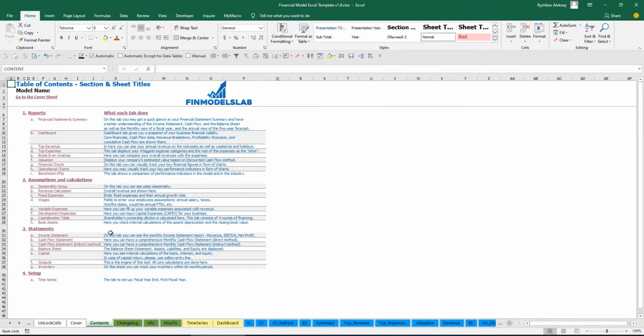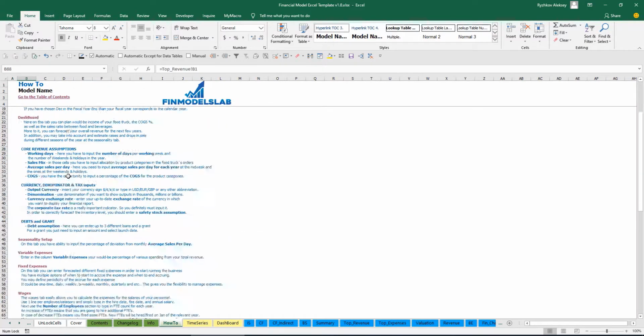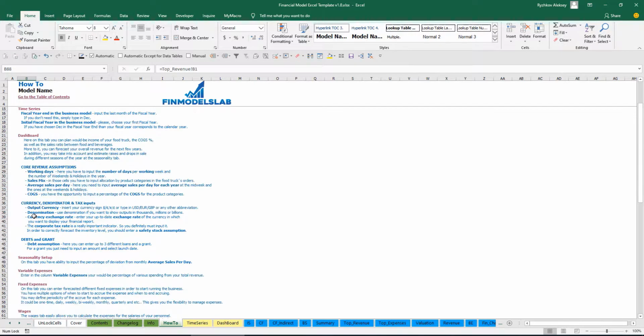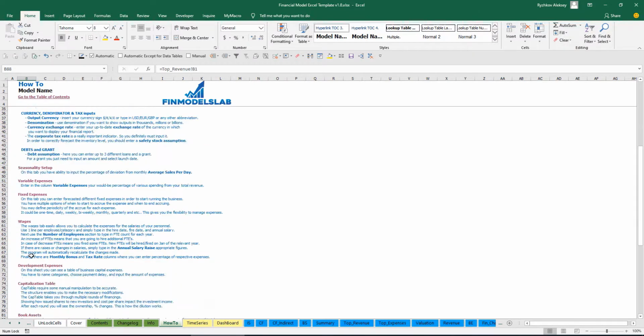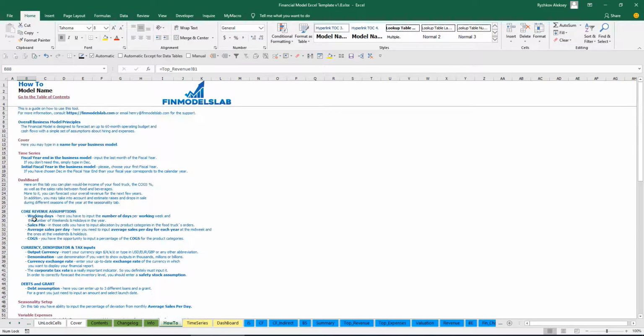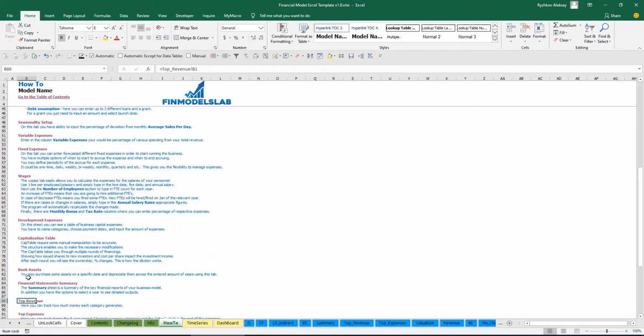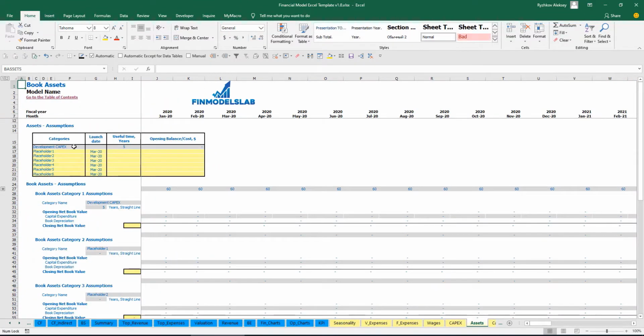There is a short explanation about what each tab does, but if you want to know more, you can go to How To and see a more detailed explanation of what each tab does and what inputs and outputs you may find on this sheet. Any header of this section is also clickable, so you may click on, for example, Book Assets, and you go directly to this tab.